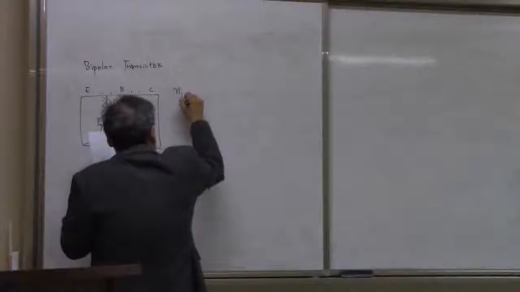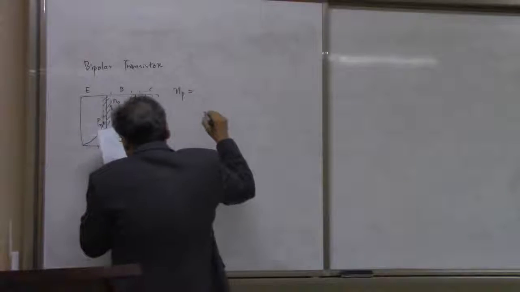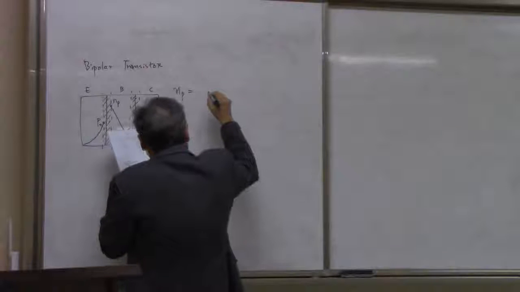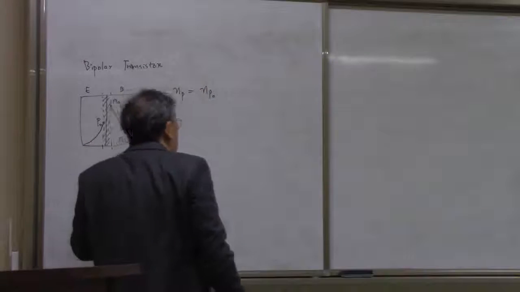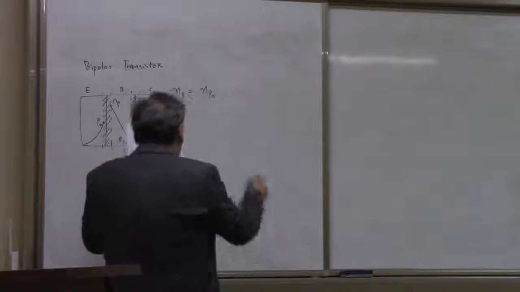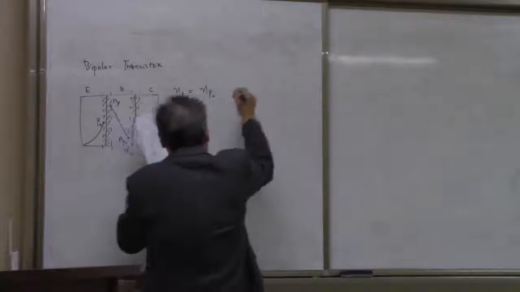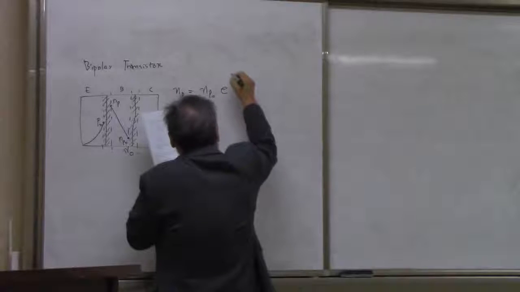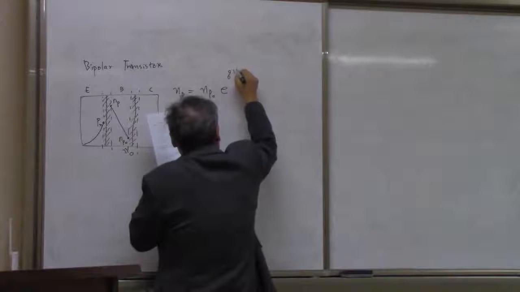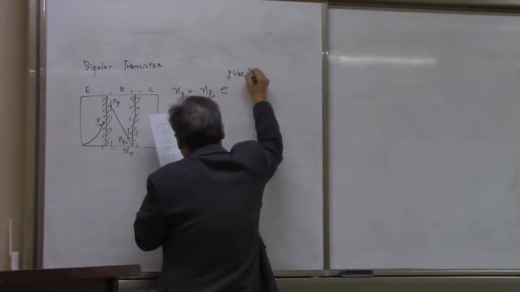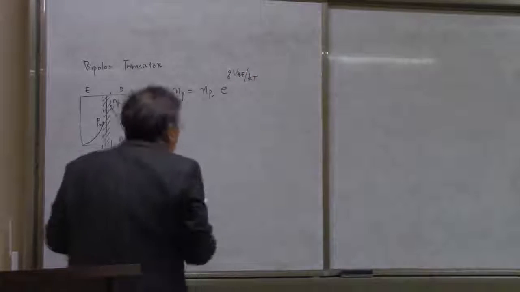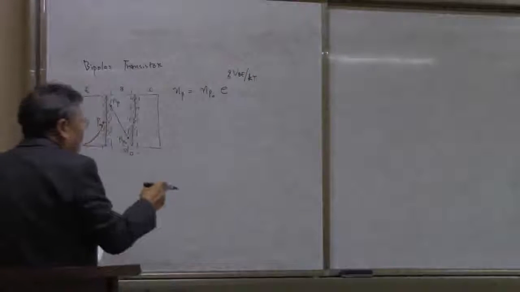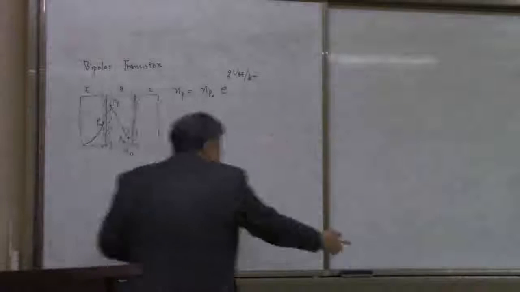And we know that the minority carrier has to be deviated from the equilibrium value of this much by applying the voltage.